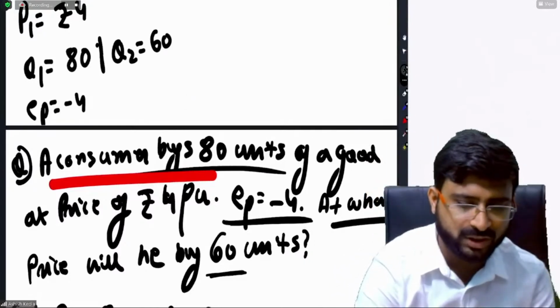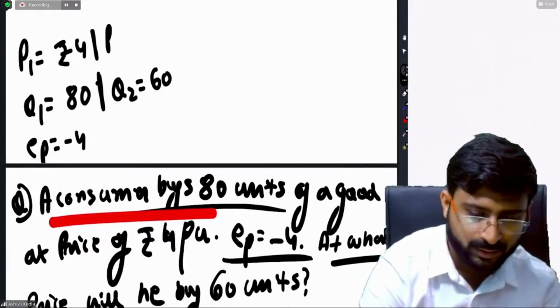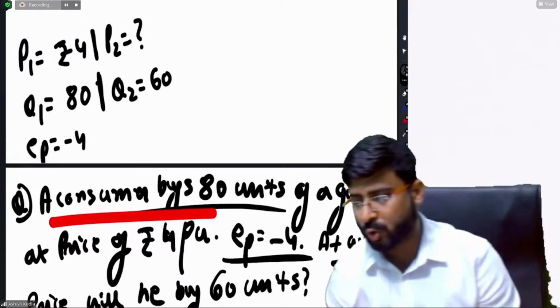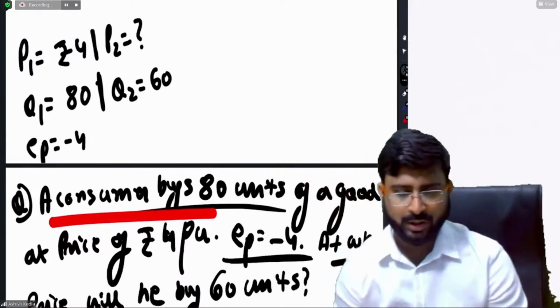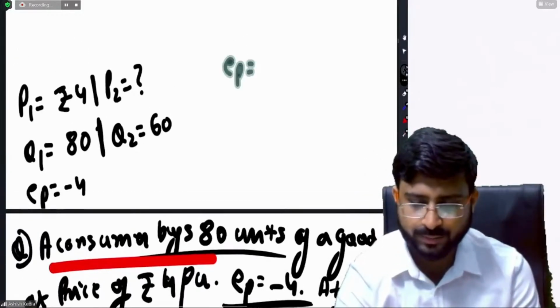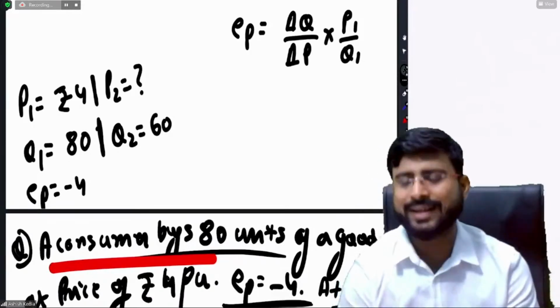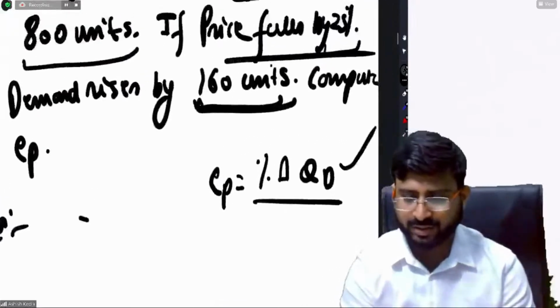So Q2 equals 60 units. At what price? P2 equals question mark. Now everyone, you all know elasticity equals change in quantity by change in price into original price by original quantity. Correct?